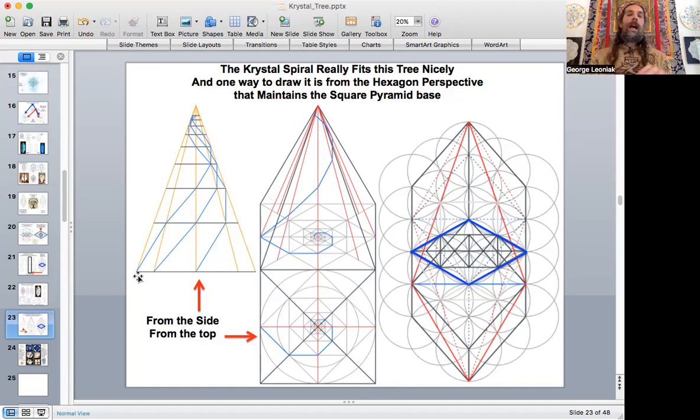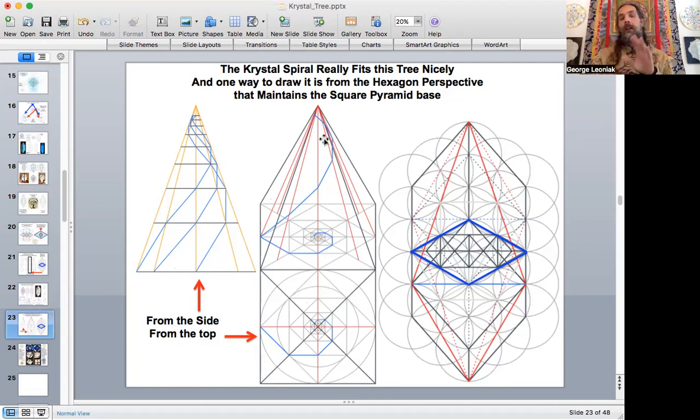If we turn it flat, so this base now is flat, you'll see that this is what the spiral is doing as it goes up, following the Krystal Spiral doubling sequence pattern, from the top view here. So if I'm looking straight down at this pyramid, this is what I'm going to see as the proportions are maintained following the doubling sequence going up.